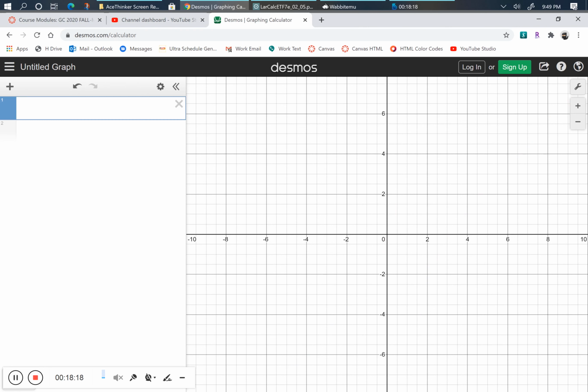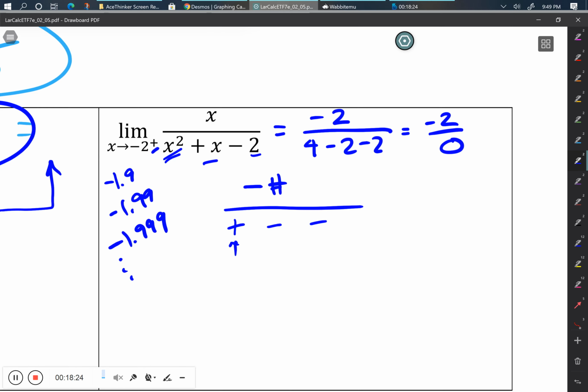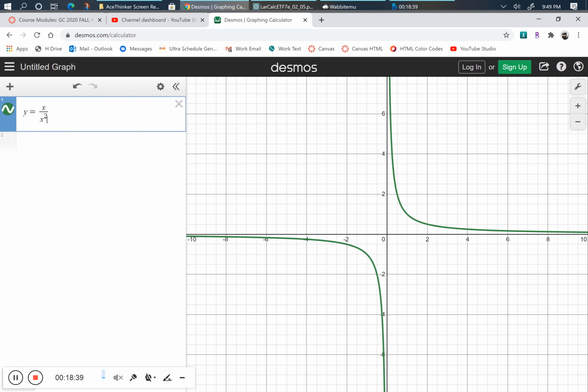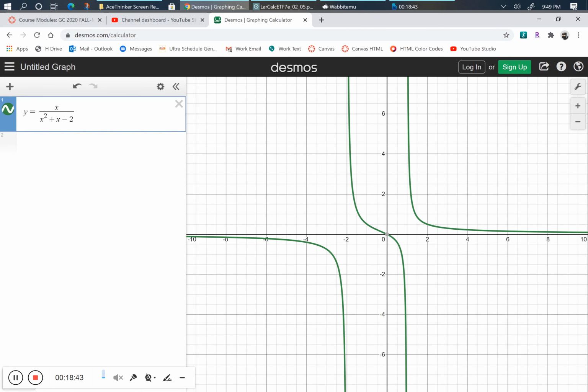So let's graph it. So y equals x divided by, right? That's what it was, right? X squared plus x minus 2. And we're talking about at negative 2.